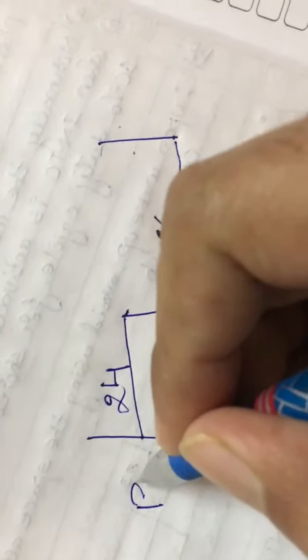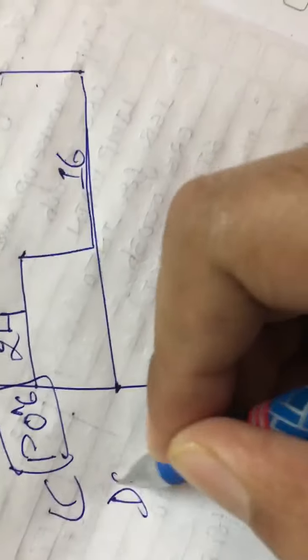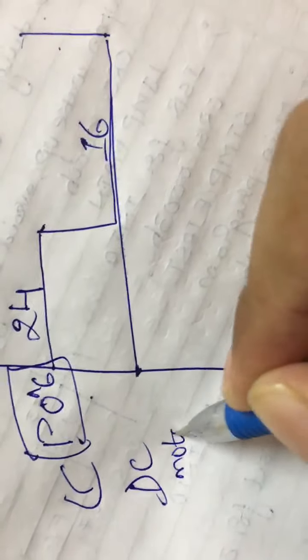This is to be taken as a bit, and it is rotated in pin 0.6. So this is the pin which I will give to DC motor, and it should be denoted by bit 1.